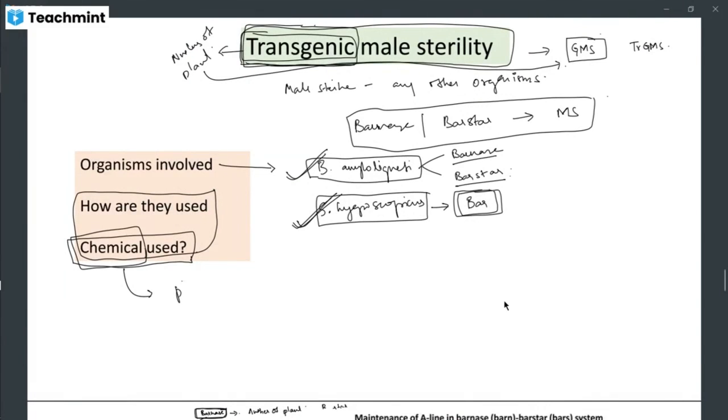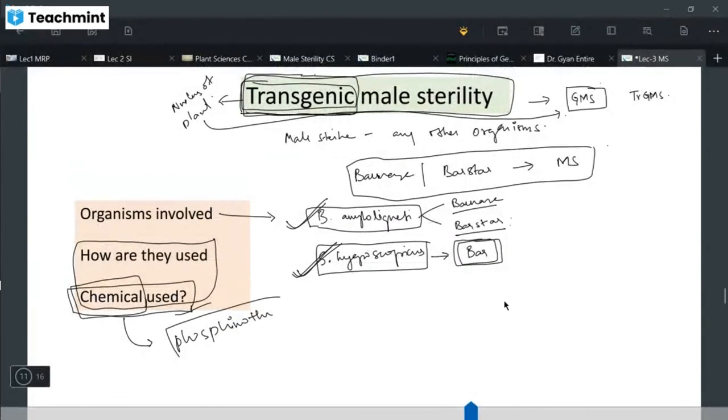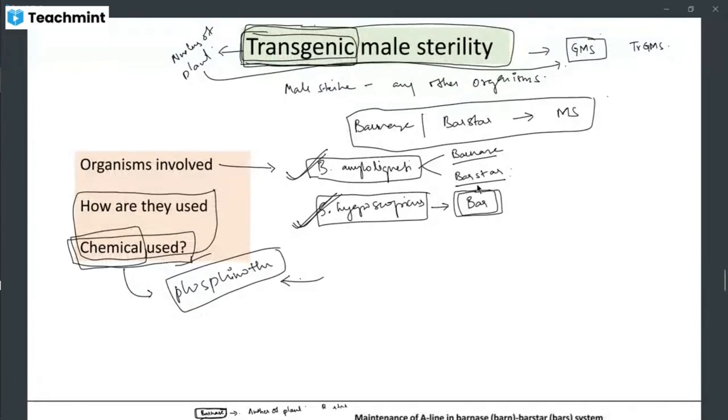The chemical name is phosphinothricin. And which is the gene which confers resistance to it? The bar gene. Remember it is not Barnase or Barstar, it is the bar gene, and this bar gene comes from Streptomyces hygroscopicus. Bar gene, right?